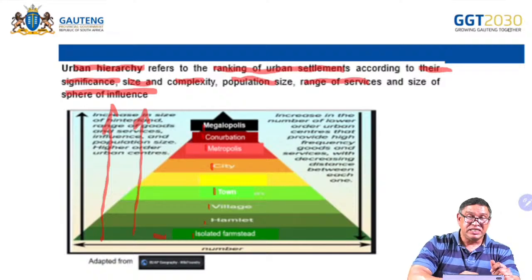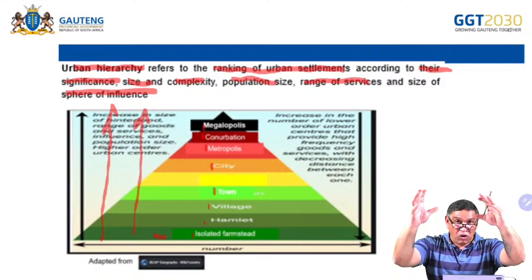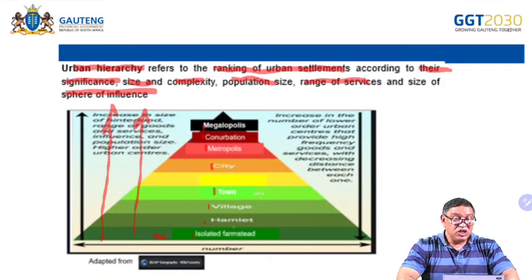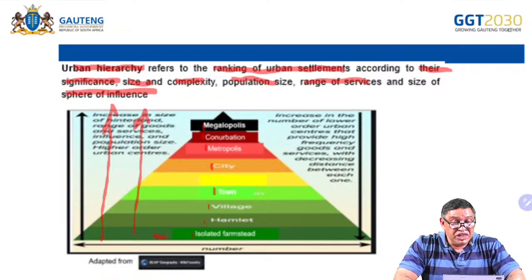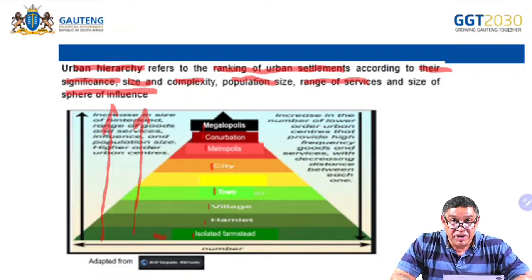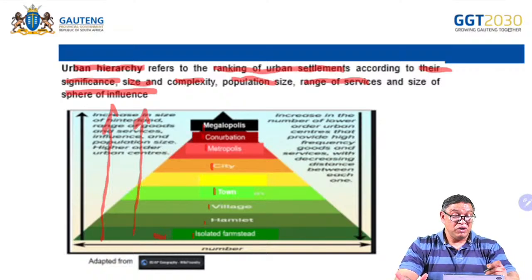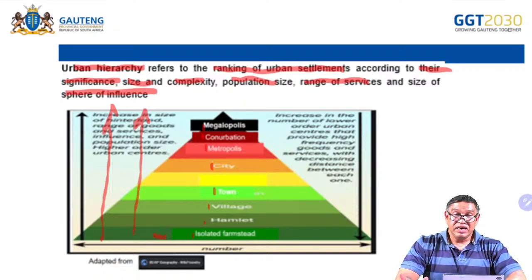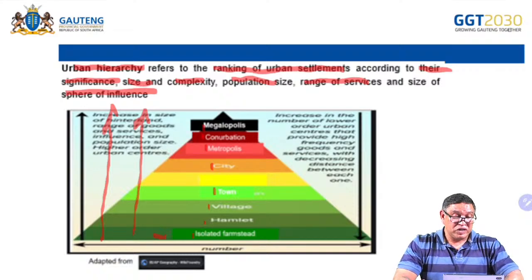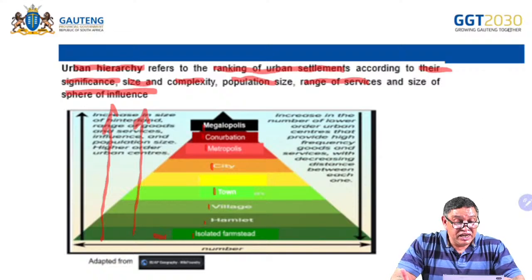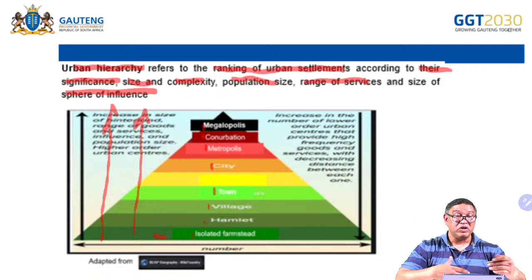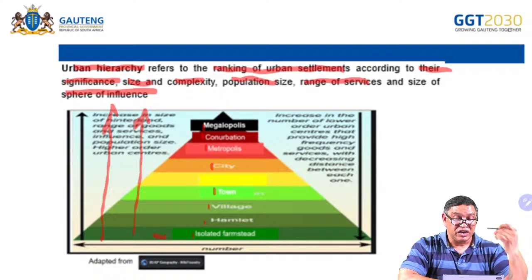What you get in the city, like maybe even a college or a university, you're not going to get it here. You won't get car sales in a hamlet, and it's an urban function also, but you will get it in a city down there. You may not get an airport in a village or a town, a big airport. Not always the case, but in a city you may get a bigger airport. So higher order functions and goods.